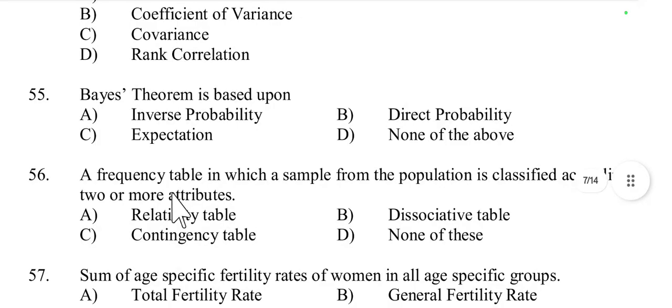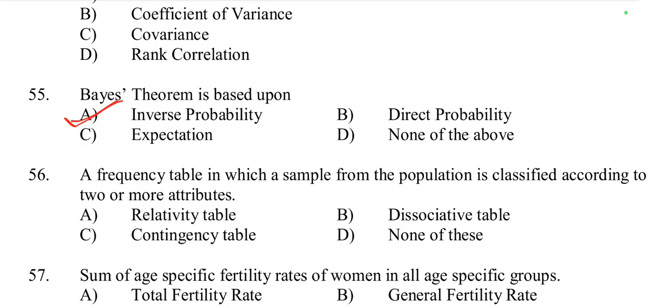Then question number 55: Bayes' theorem is based upon inverse probability, direct probability, expectation. Bayes' theorem is based upon inverse probability. Option A is the right answer because Bayes' theorem helps in revising probabilities based on new evidence.